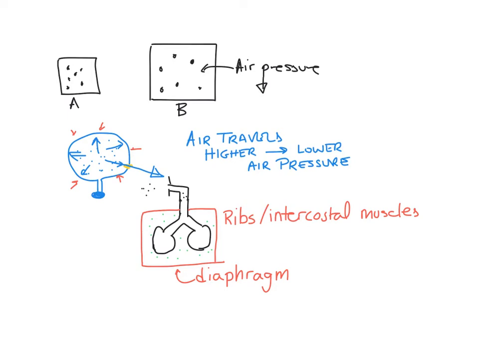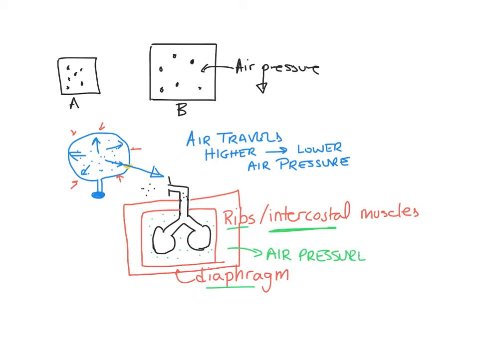But when you inhale, what happens is the intercostal muscles grab the ribs and basically lift them up and out, and the diaphragm contracts and drops down, and so this sealed bag becomes larger. Okay? Inside, you have the same amount of air as you had before, so as the space increases, the pressure inside decreases.